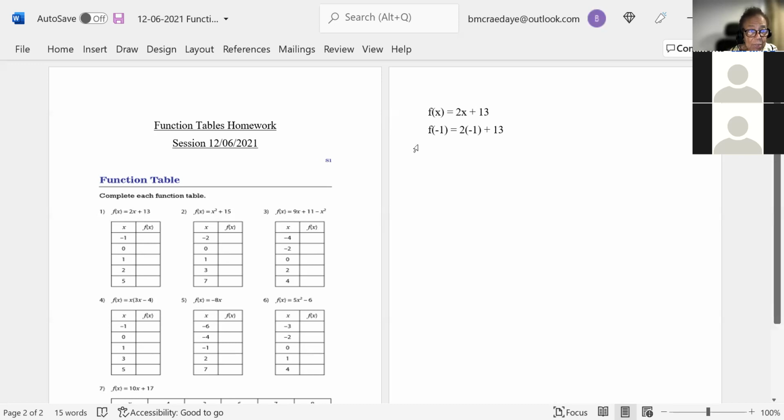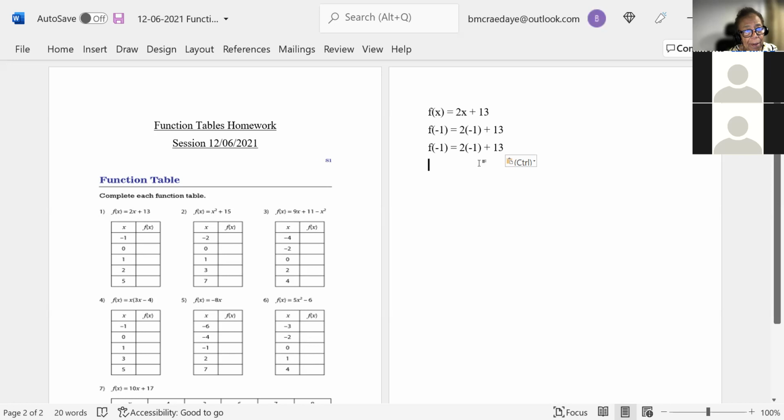So Chastity, what's 2 times -1? 2, plus or minus? Unlike signs multiply to give you negative. So a 2 times a -1 would be equal to what?